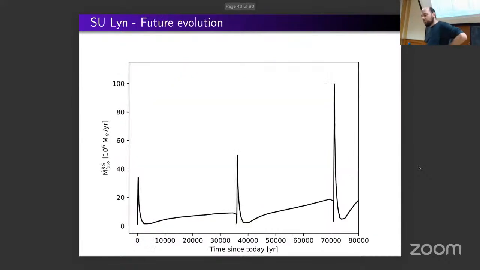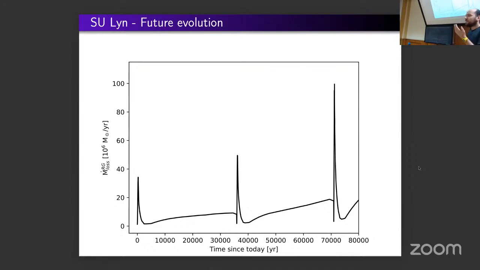And this is how we expect the mass loss from the red giant will change in the future. And you can see in the next few years, we expect it to increase very fast. So this is from the best fitting models, but this would mean that the system will experience an increase of mass transfer on a time scale of the next 100 years.